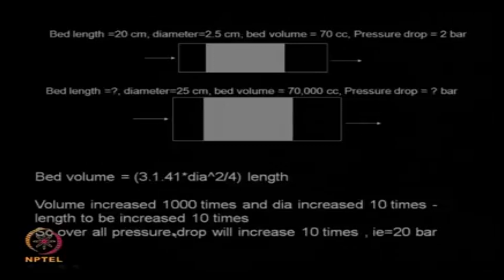So overall the pressure drop will increase 10 times, that means it will become 20 bar. Okay, so the current pressure drop of this particular unit will be 10 times the pressure drop of the previous unit.